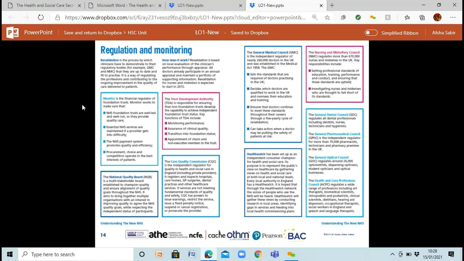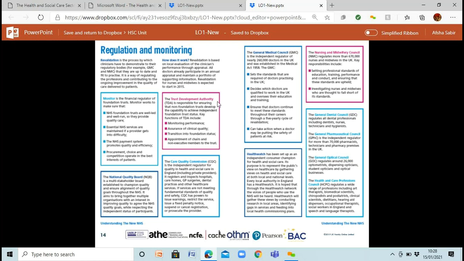Revalidation is a process where clinicians need to demonstrate to regulators that they're fit to practise. So they've got to be following certain rules and procedures to show that they can do this, so that they can be regulated properly.